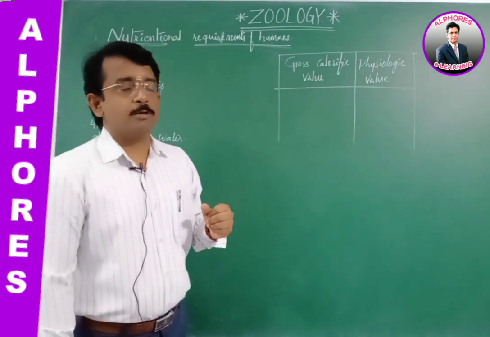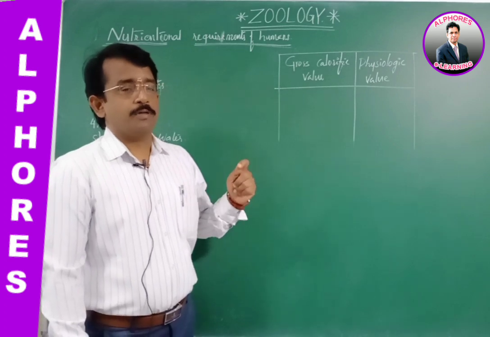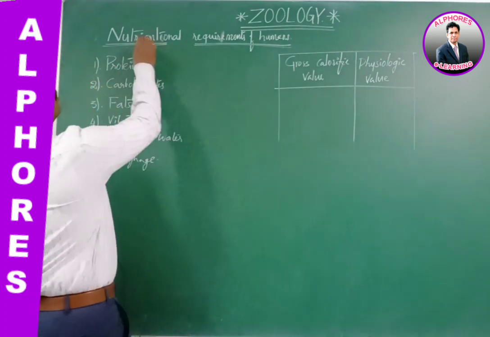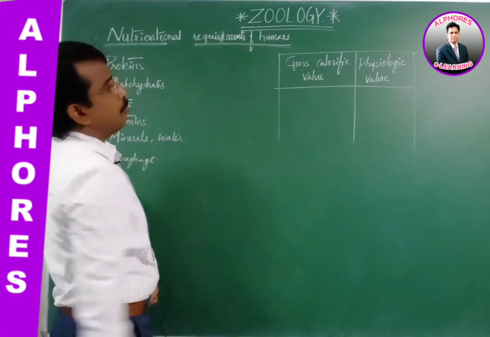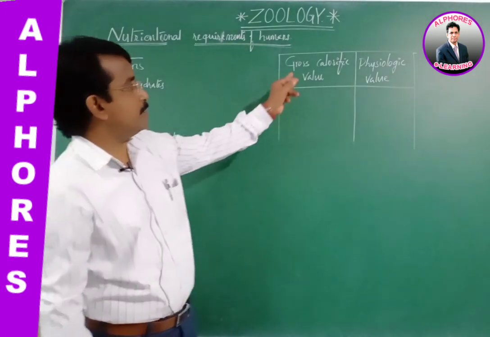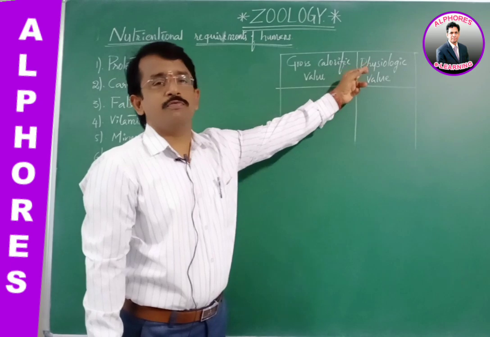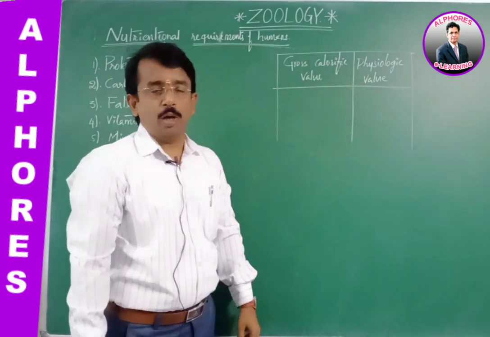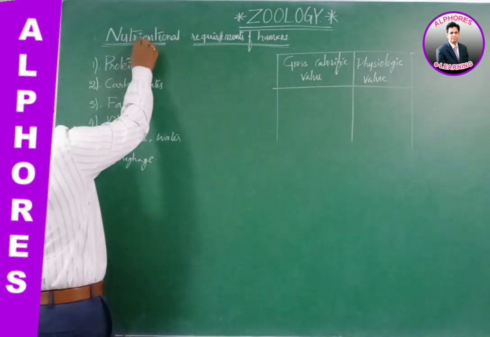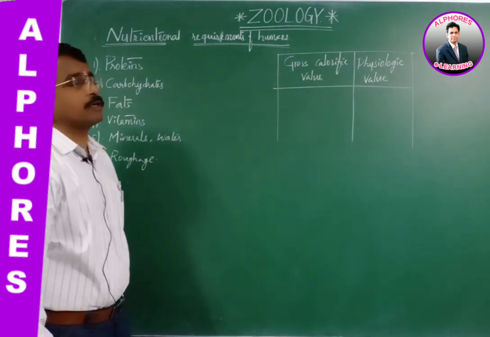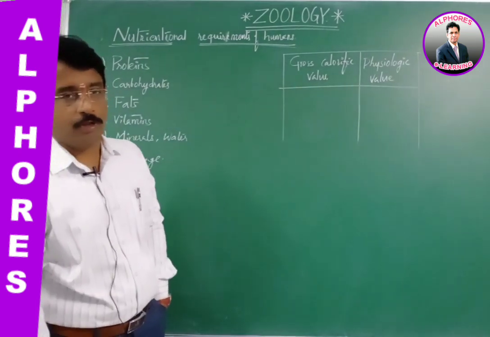Session 15 includes the topic we are going to discuss: the nutritional requirements of humans and gross calorific value, physiologic value. In this connection, first of all, we'll discuss the nutritional requirements of human beings.